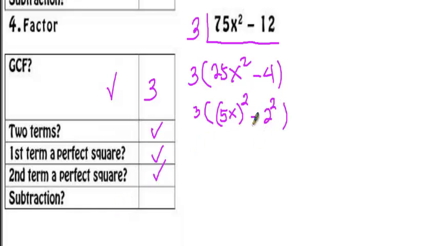Now, do we have a minus sign between the two terms? Yes, we do. So the factors will look like this: 5x minus 2, 5x plus 2. So this will be the factors of 75x squared minus 12.